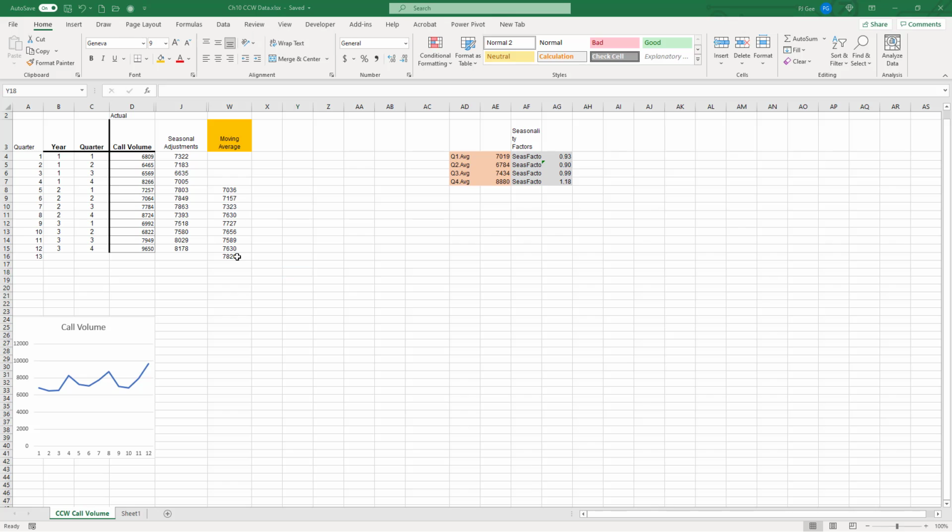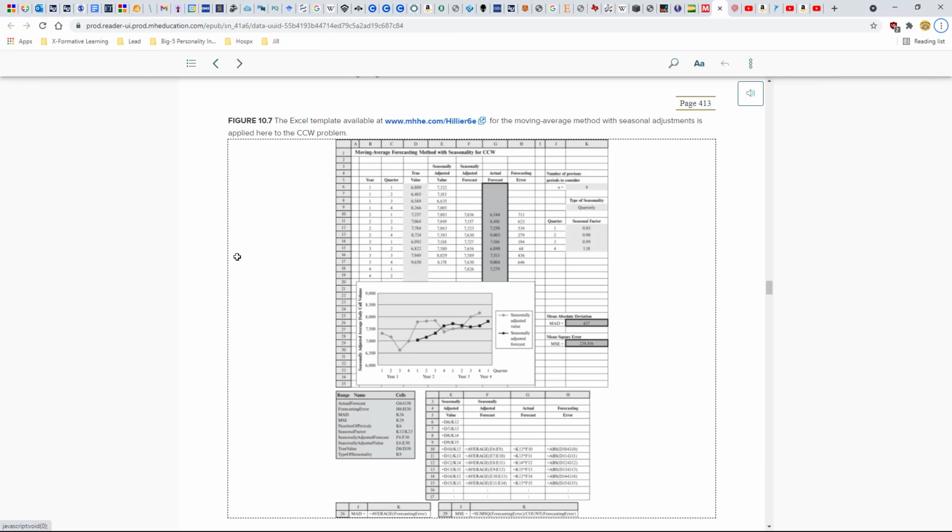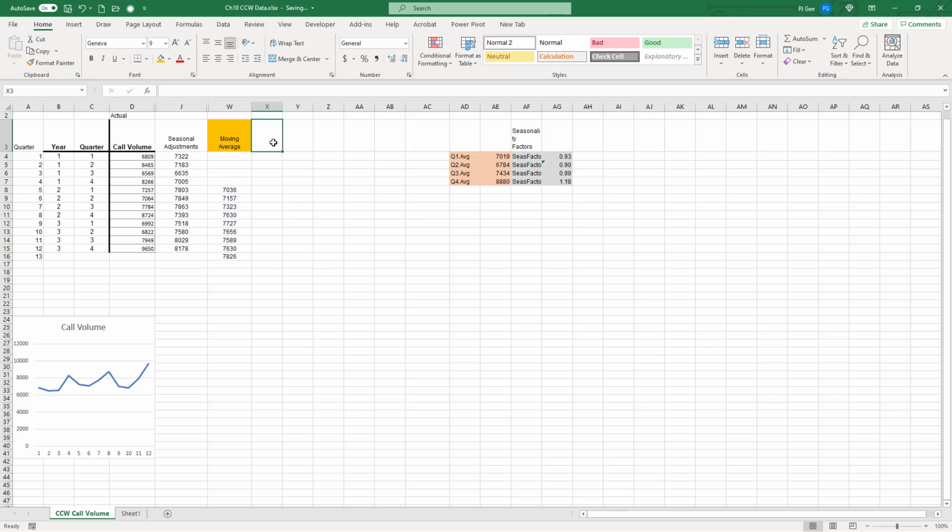Okay, so now what we need to do is just follow through what we've done before, what they call the actual forecast and the error. So there's the actual and the error, absolute. Okay, so what's the forecast error? Well, we have to start here.